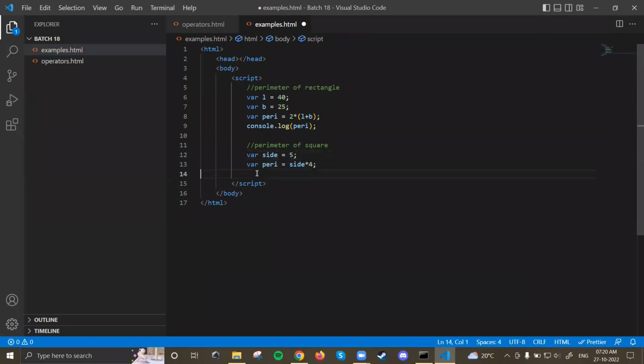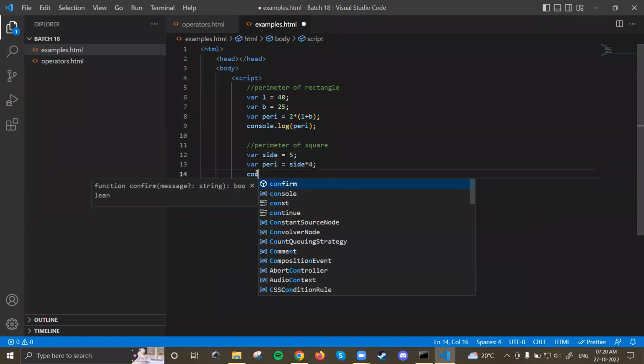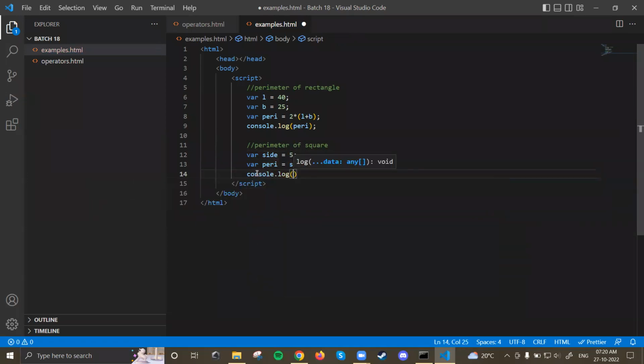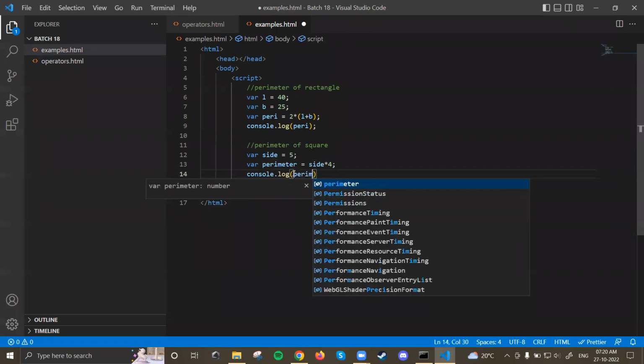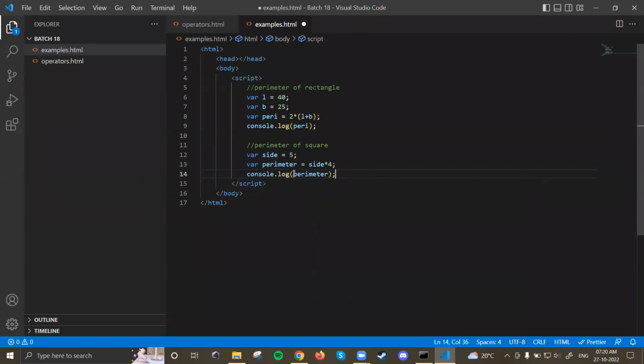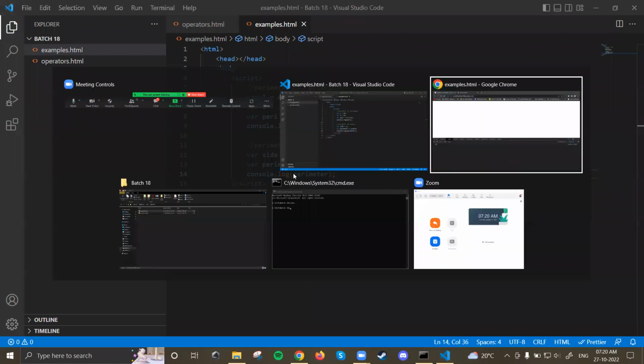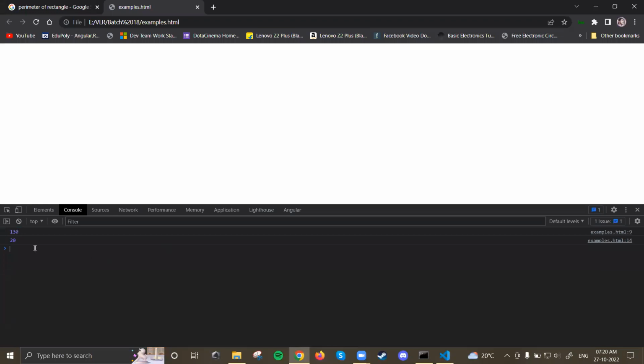So side into 4. So console.log of perimeter. So what do I get here? I got 20. Okay, 5 into 4 is 20.